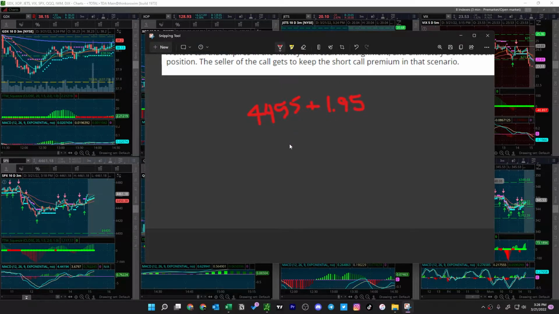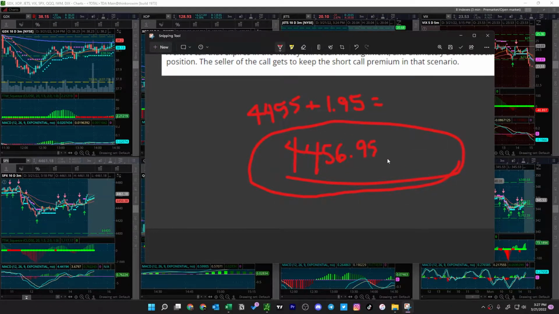So basically, what you did was you paid 4,456.95. You just took these two together, and this is what you got. This is what you're going to be basically buying everything for. You basically bought the shares at this price, and then tomorrow, as long as we open up, that's kind of the trick here.